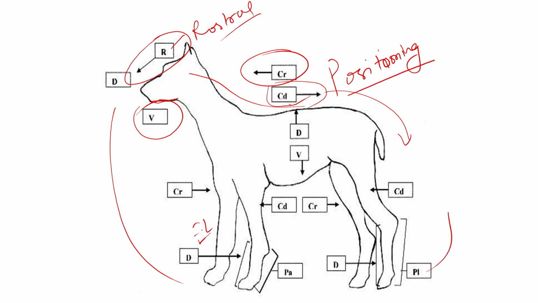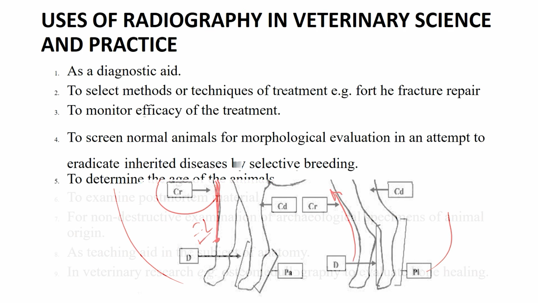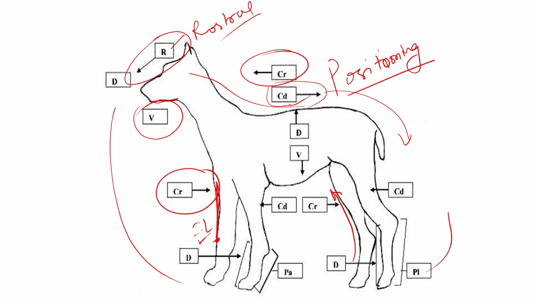In the case of the forelimbs, the area above the carpus, or the carpal joints, is cranial, and the same is the case for the hind limbs.